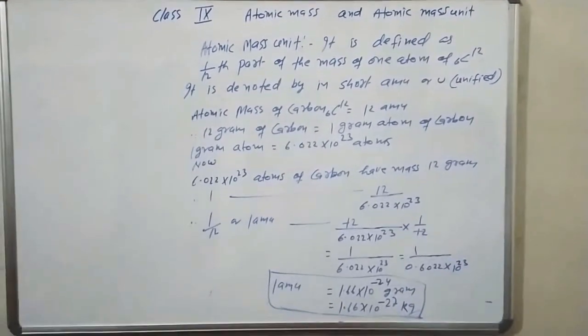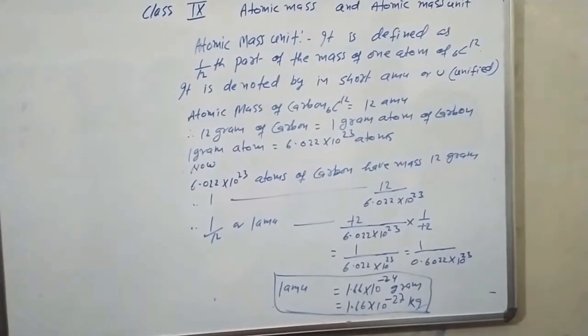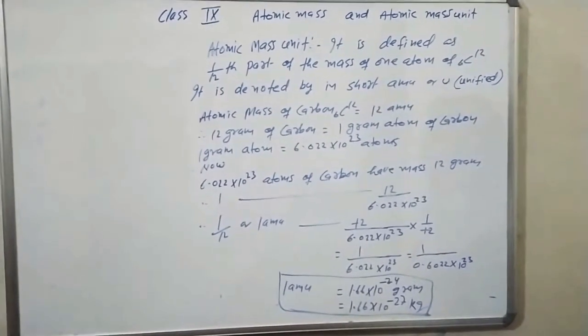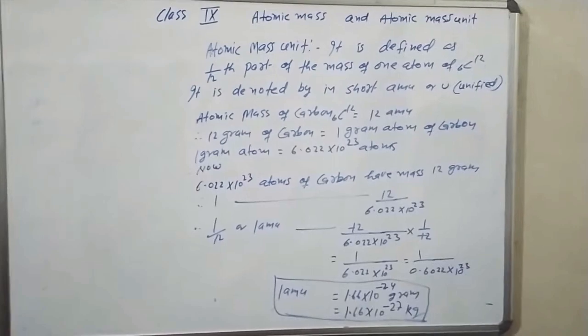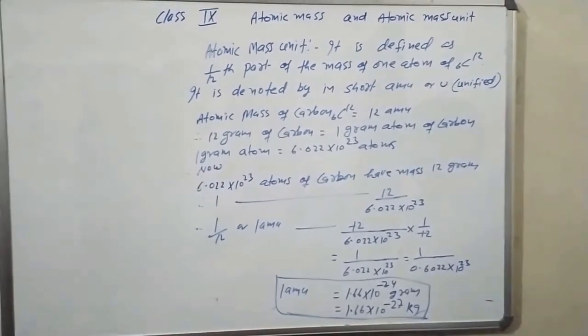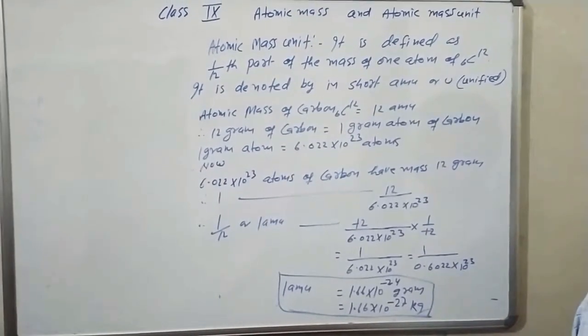So we take mass of one atom of carbon, and when it is divided by 12, we get unit for atomic mass.